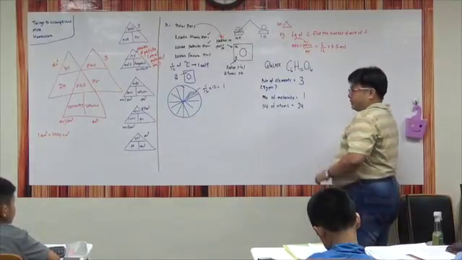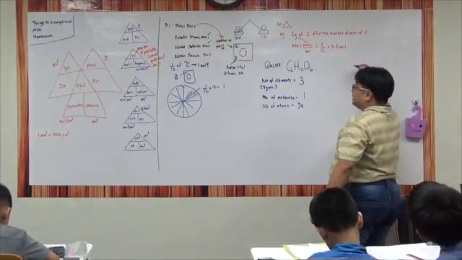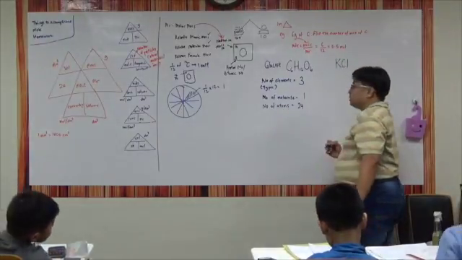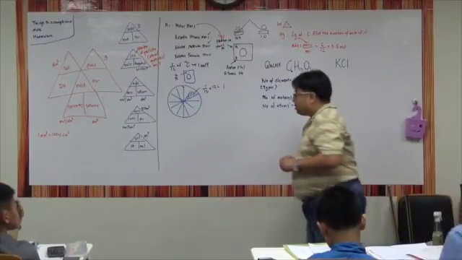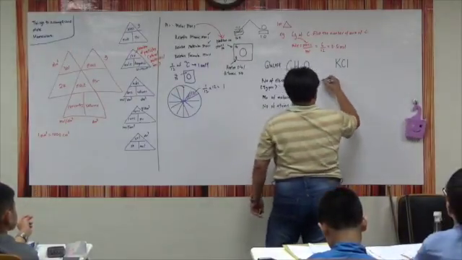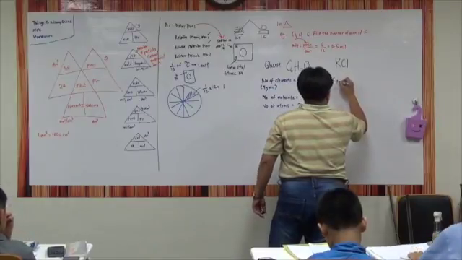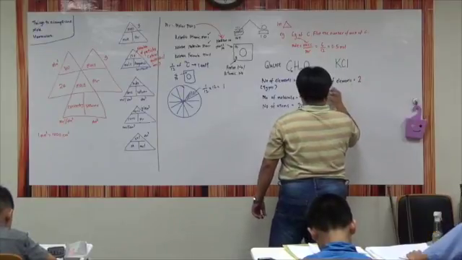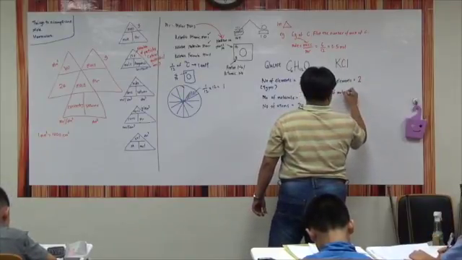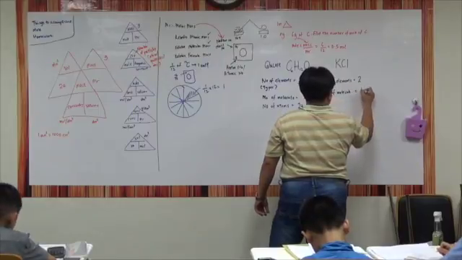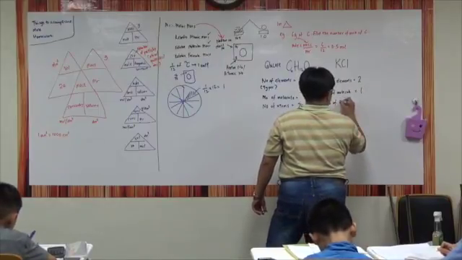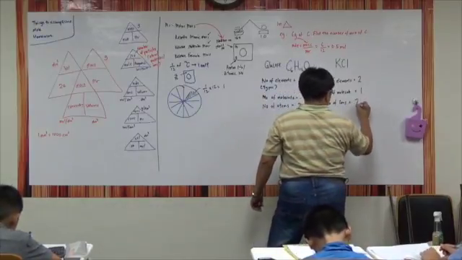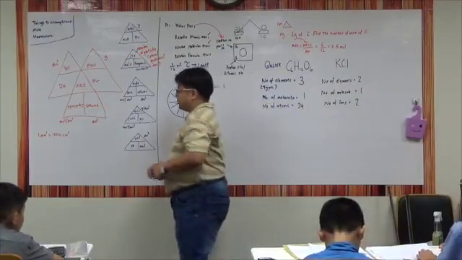I'll give you an example that has ions. For example, KCl. Again, the same questions. What's the number of elements here? There are 2, right? Number of molecules? 1. Number of ions? 2. Correct. Why is the number of ions 2?